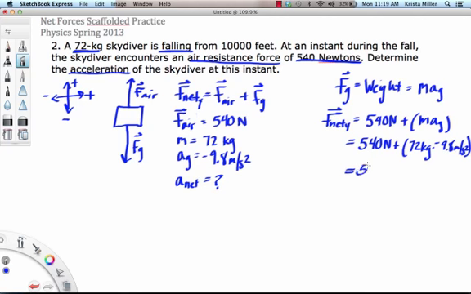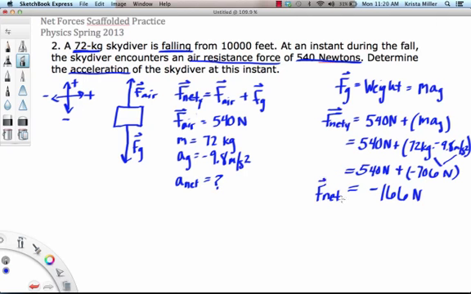That's going to give me 540 newtons plus, now 72 times negative 9.8 is negative 706. And remember, a newton is a kilogram times a meter per second squared, so we have our correct unit. When I add these two together, I get negative 166 newtons.